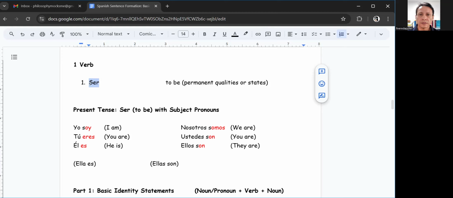We'll use our paradigm ER verb, "comer", to eat, and our paradigm IR verb, "vivir", which means to live. We'll learn the conjugation in the present tense for those. Those are regular verbs, so all regular AR verbs conjugate exactly like "hablar", all regular ER verbs exactly like "comer", and all regular IR verbs exactly like "vivir" in the present tense.